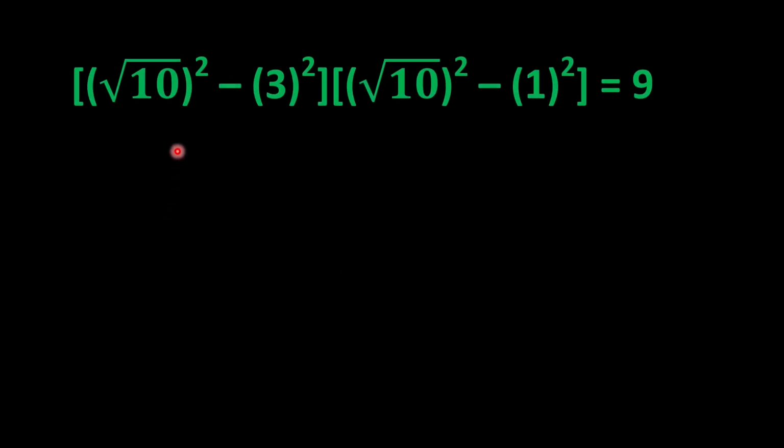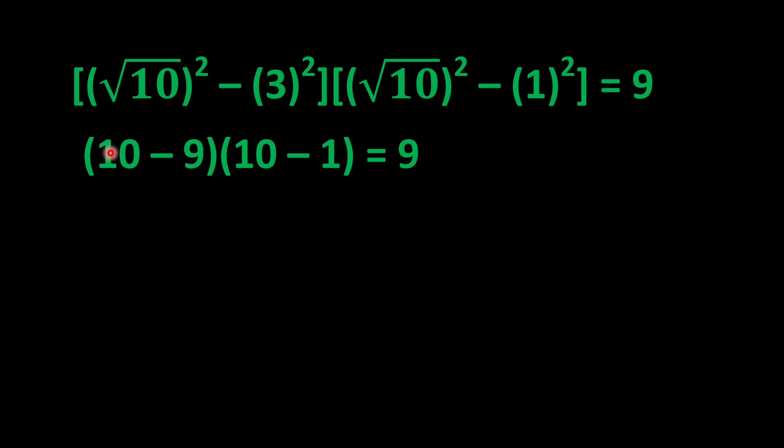So we get 10 minus 9, and similarly 10 minus 1 square, which is 1. So 10 minus 9 equal to 1, and 10 minus 1 equal to 9. So 1 times 9 equal to 9.